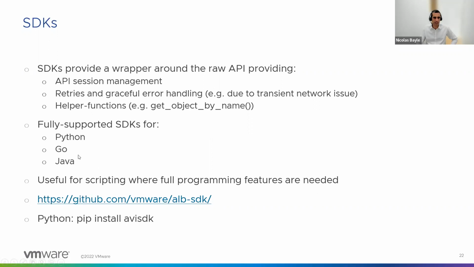The SDKs are available for Python, Go, and Java. They are very useful if you want to use a specific programming language to integrate with AVI. I have shared with you the GitHub repo where you can see all the information. And just one comment: if you want to install the Python SDK, you can leverage pip in Python to do so.